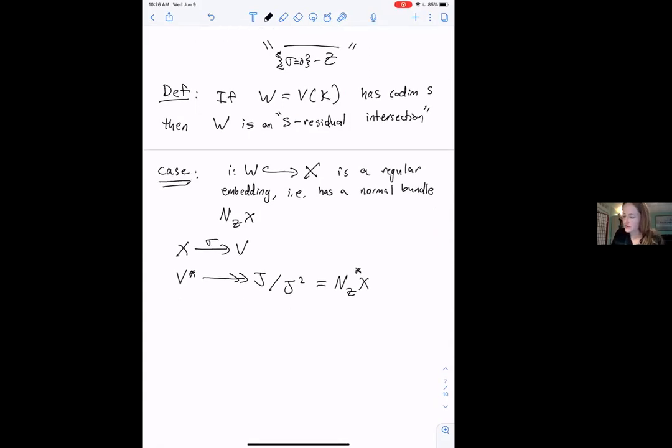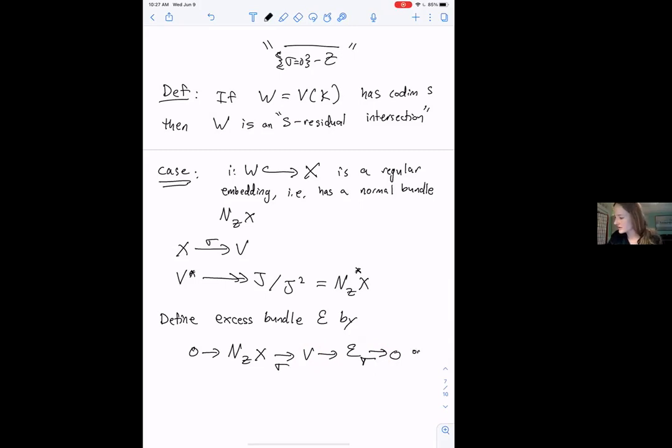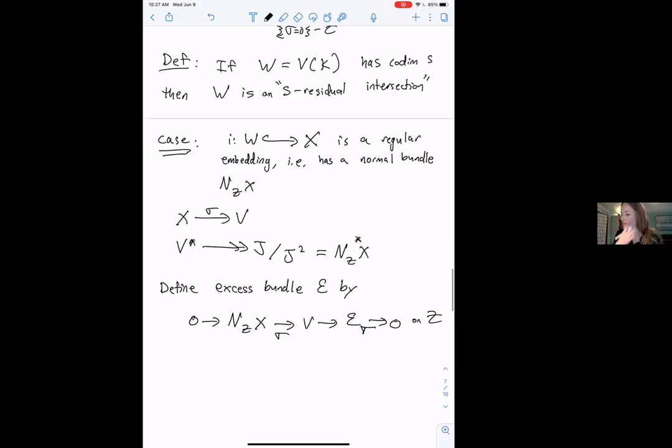So we turn this around and we can define the excess bundle by the quotient. And this depends on sigma. If there's an orientation of V, you get an orientation of E sigma. This is on Z, on the excess piece.